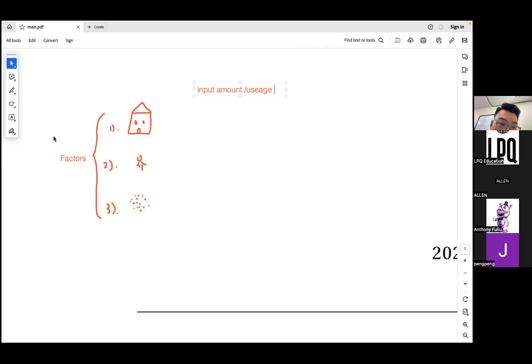For example, how big is the building? To describe the input amount, I'm talking about how big the building is. Let's say, randomly speaking, my building is 500 square feet.